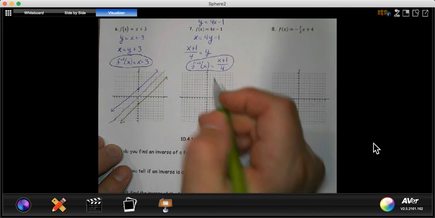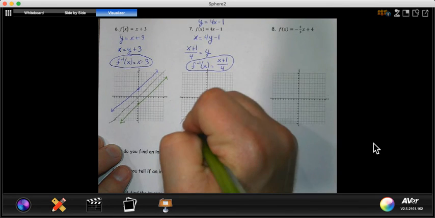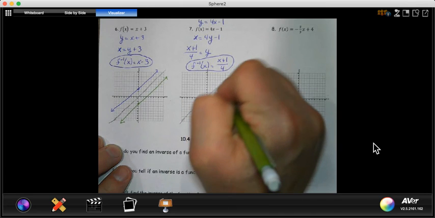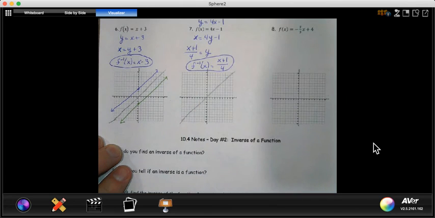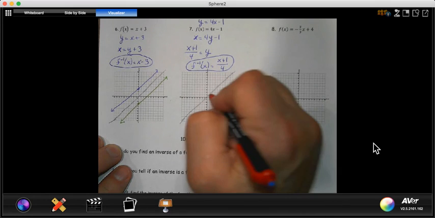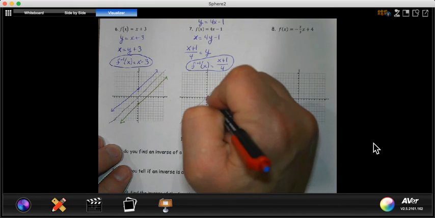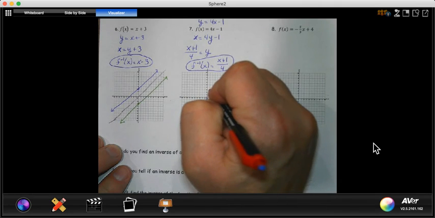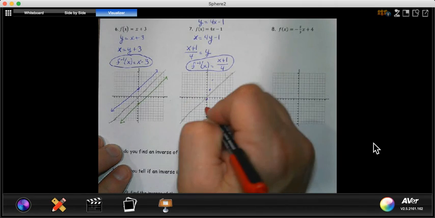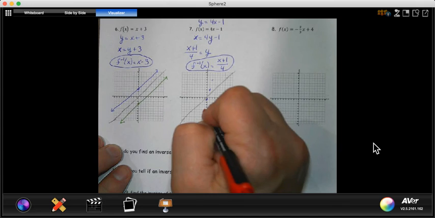Graph it to verify. So there's my diagonal line. So I'm going to graph -1 with a slope of 4. 1, 2, 3, 4 over 1. Down 4 and left 1.